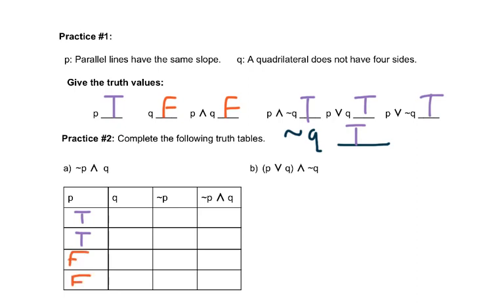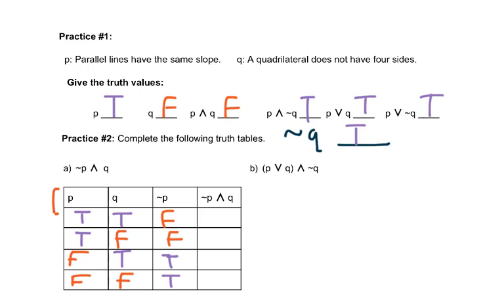And over here we want true, false, true, false. Now we want not P, so that's negating our P column here. So we're going to do the opposite of what we have. So this is going to be false, false, and then true, true.